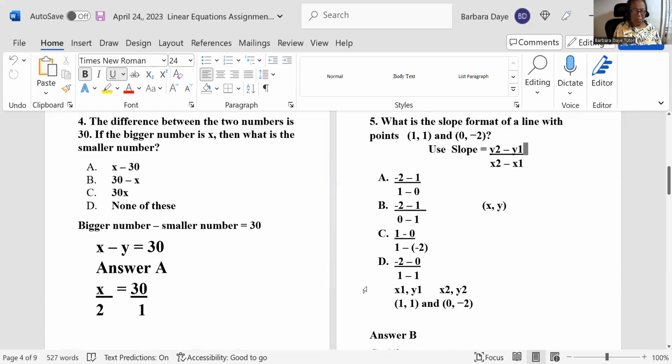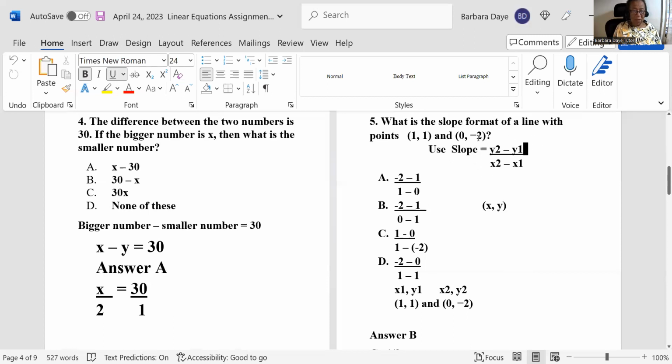You see this right here, Maureen? X1 is 1, Y1 is 1, X2 is 0, Y2 is -2. Now all you need to do is plug them into this formula.